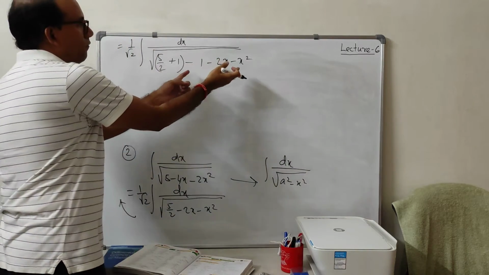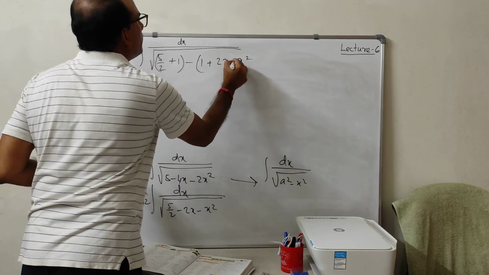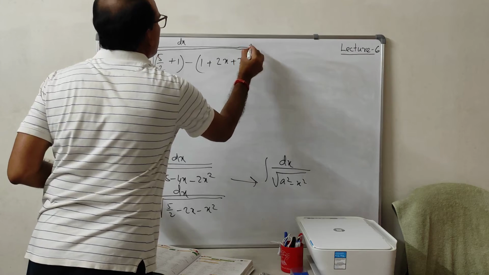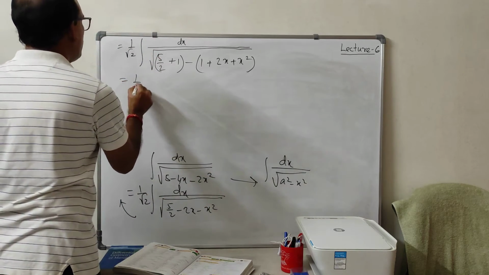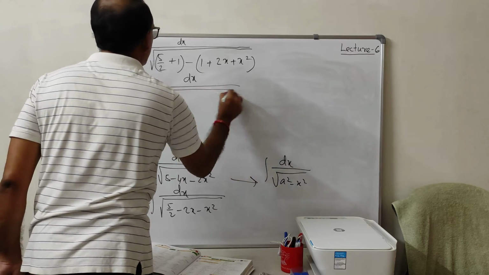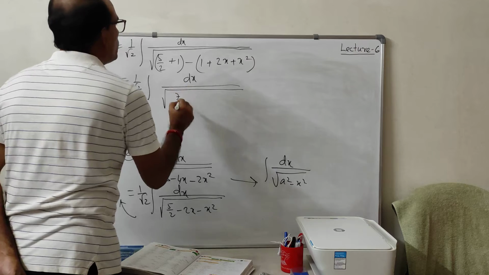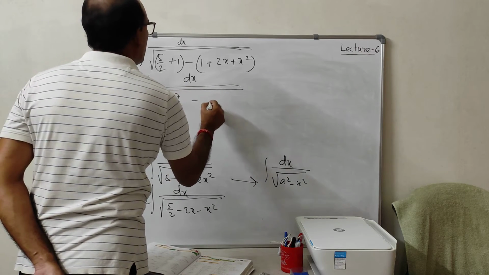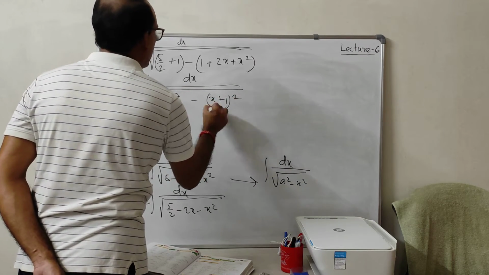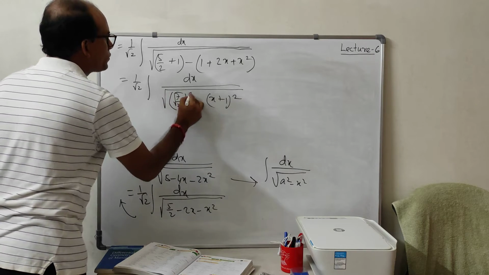And if you take minus common from these three terms, this will be something like this. So 1 by root 2 integration dx over root over of 7 by 2 minus x plus 1 whole square. And you can write 7 by 2 as root over of 7 by 2 whole square.